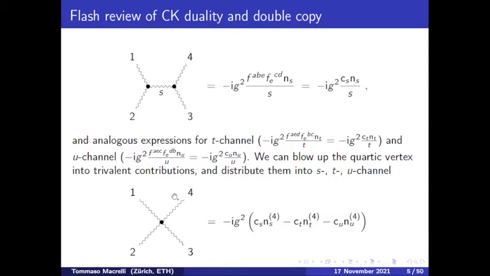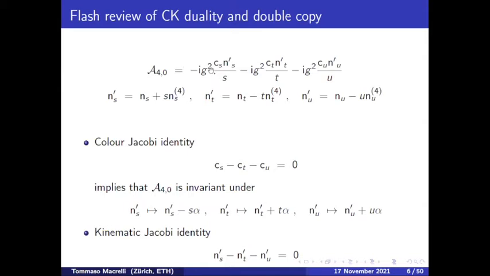So we blow up the four-point vertex in this way, and we rewrite the amplitude in this way, where we split it according to the various color factors, the kinematic contribution coming from the four-point vertex. And so we have redefined the kinematic factors appearing in this formula.